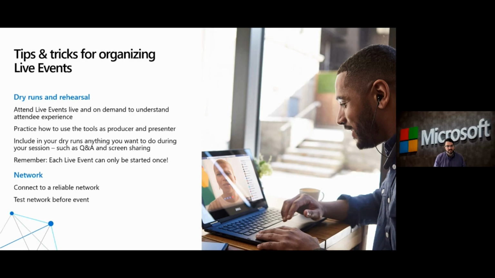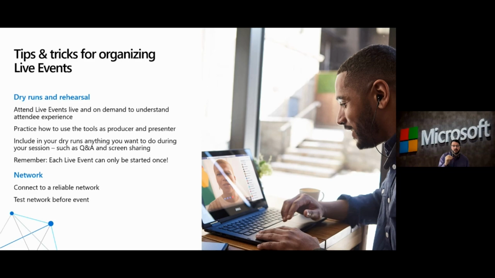One of the other pieces is making sure you're connected to a reliable network. That's why testing is critical. Now, one thing that exists today: once you start and go live in a live event, that live event is initiated and it can only be used once.